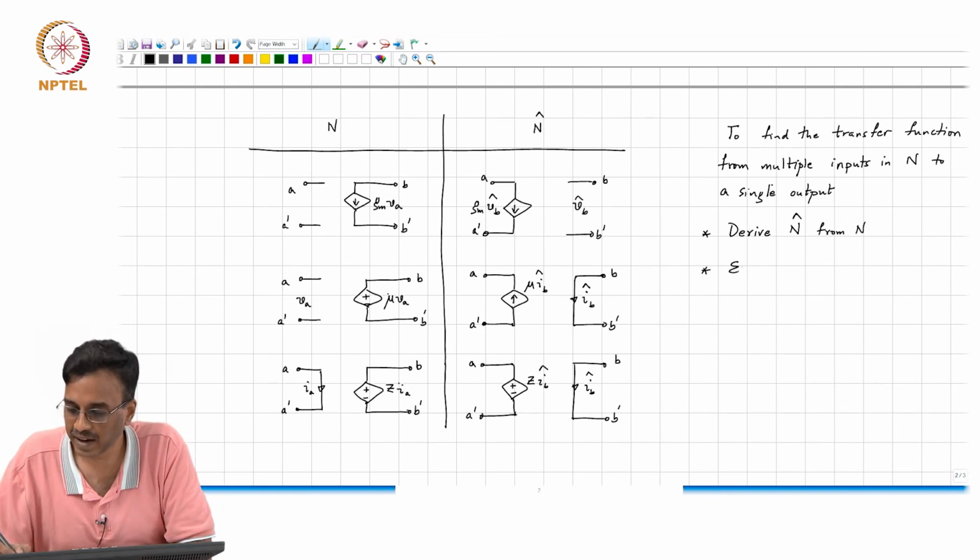So, excite the output of which port, of which network?